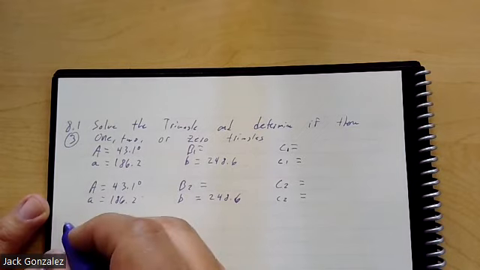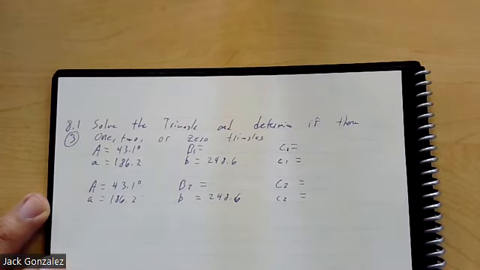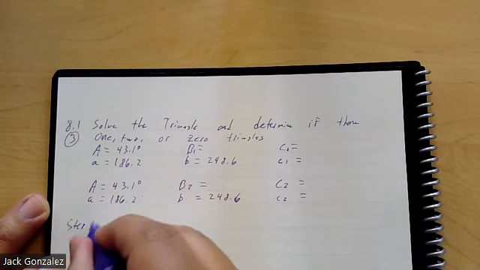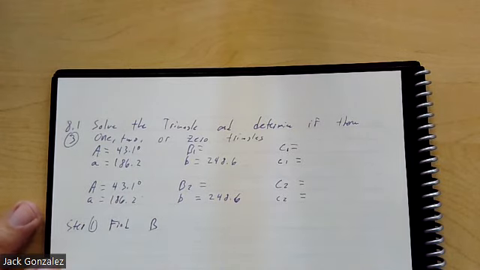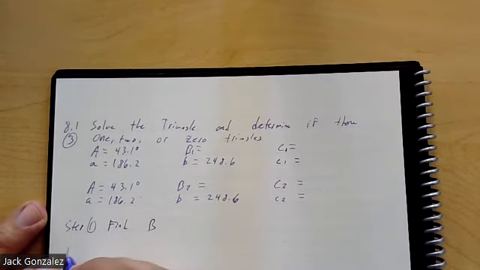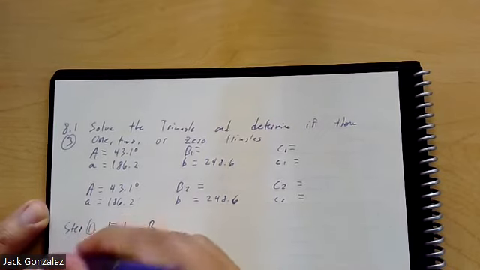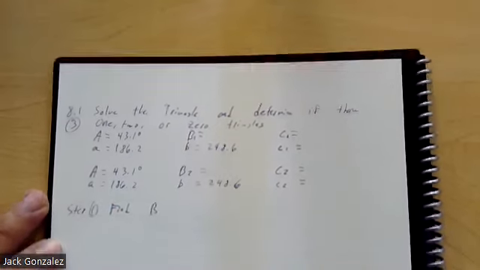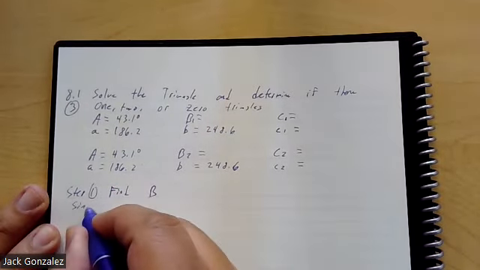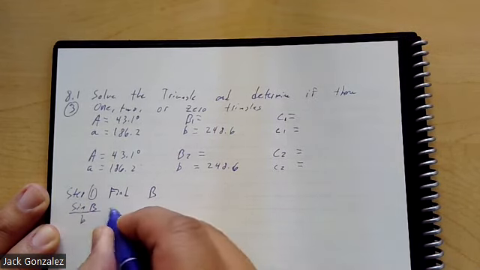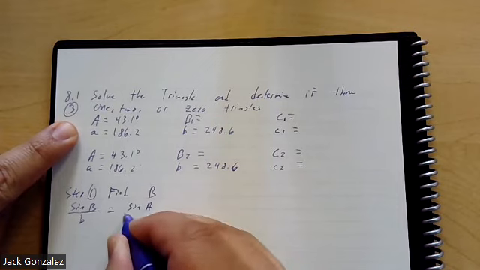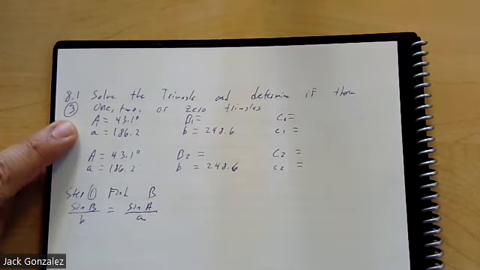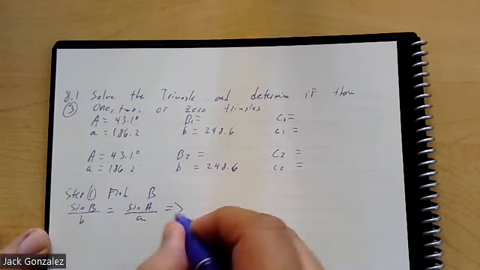So step 1, find capital B. B is equal to, actually, let me not skip too much. Got to write sine B over b. So we always start by setting it equal to the pair that we're given, sine A over a. Solve for B like we did before.